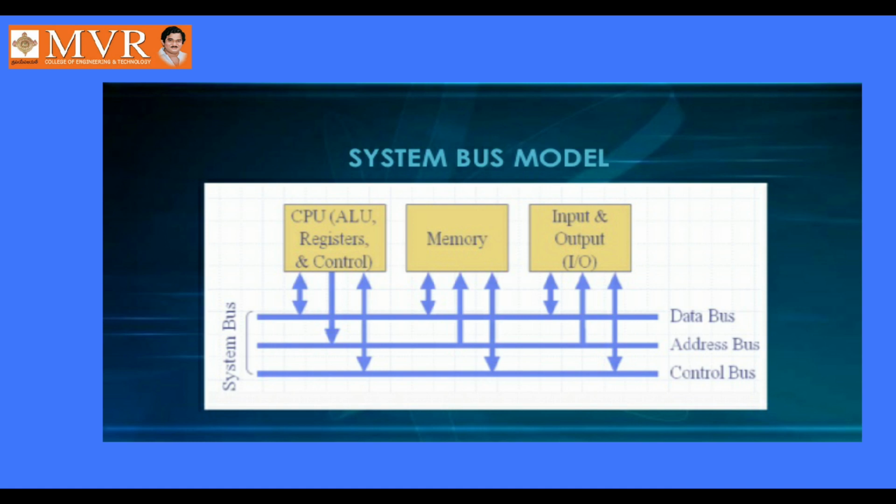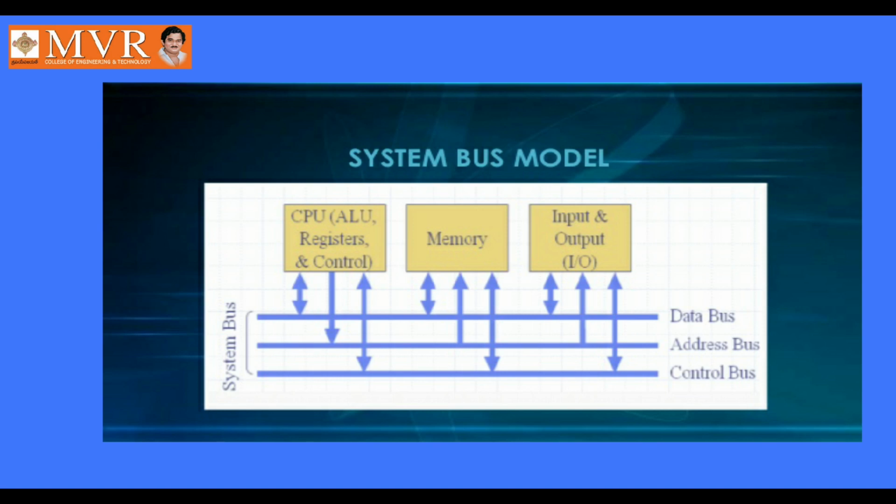Each location is given an address using binary components. In the same way, input device and output device also have a sequence number called identification address. So first, the address bus receives the data from the CPU and based on that address, they go to the memory and input.